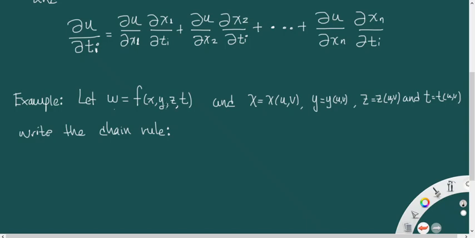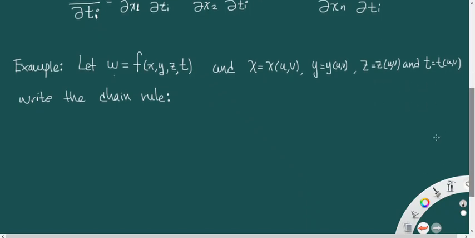We have a four variable function, and x depends on u and v, and y depends also on u and v, z depends on u and v, and t depends on u and v. So we have a multiple chain rule and a multiple dependence of variables, and we have more than two variables here. So this is a huge chain of relations.